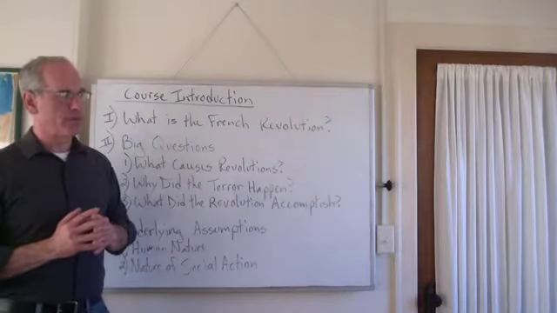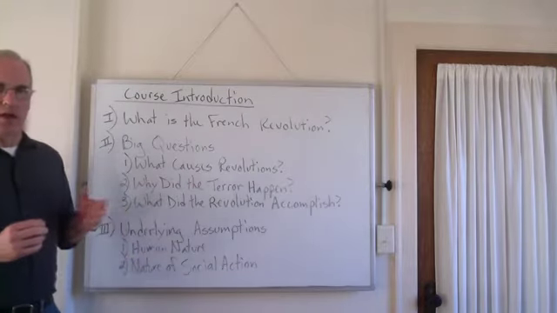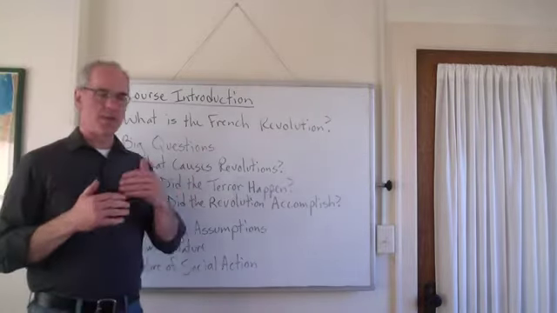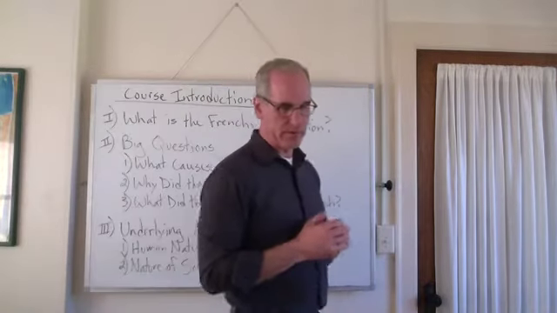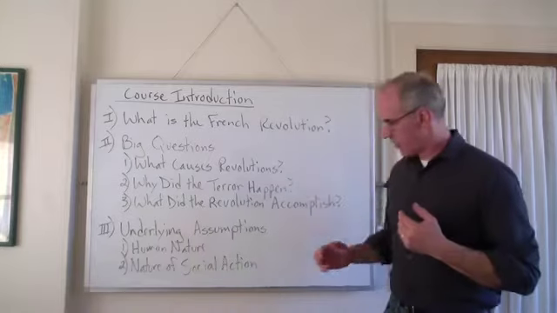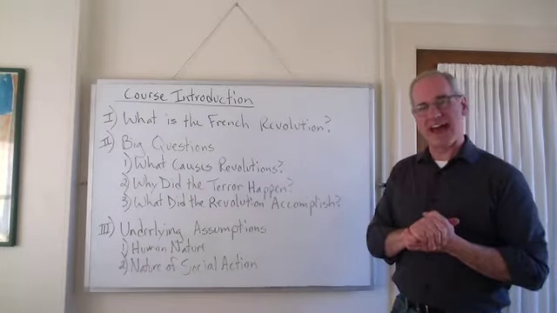But there are other things beyond that basic idea of human nature. Your assumptions about human nature are going to lead you towards certain theories or away from certain theories, right? But people also have ideas about social action.